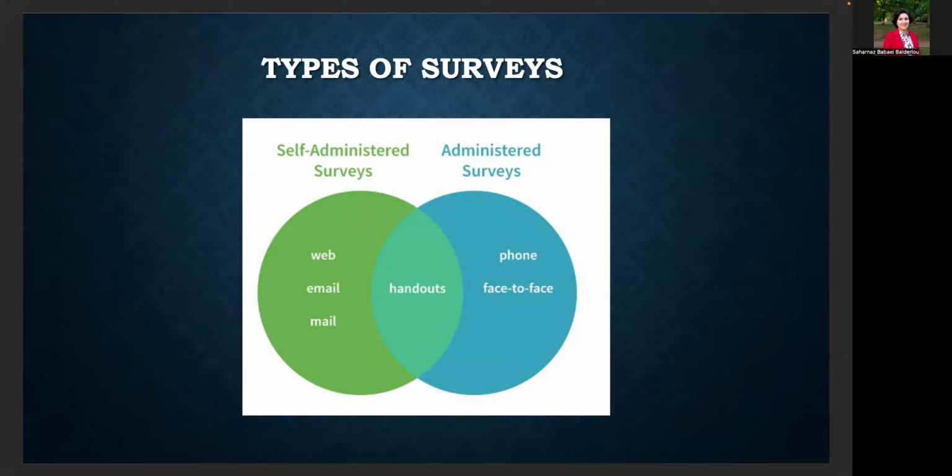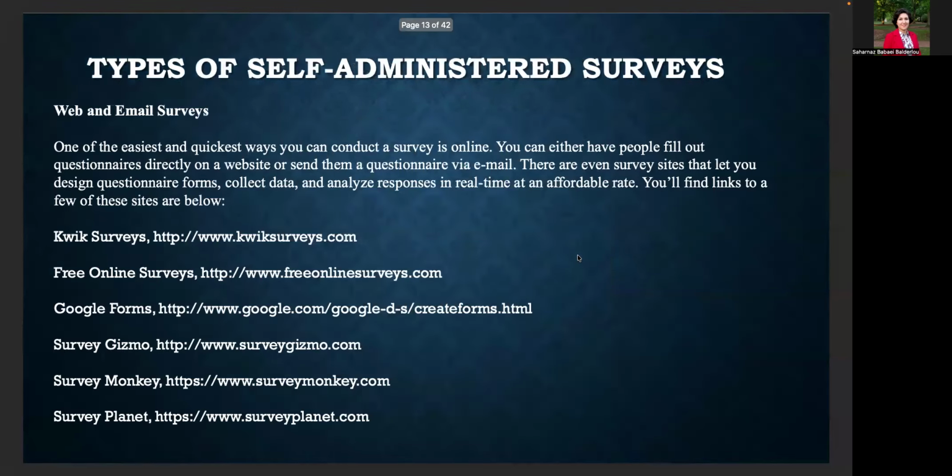Okay, so you see for self-administered surveys, you are going to need resources like web, email, mail, and a handout. Also with administered surveys, you're going to need phone, face-to-face, along with the handouts. So depending on the resources that you have, and depending on what your research question is, you can decide which one of these types of surveys to select.